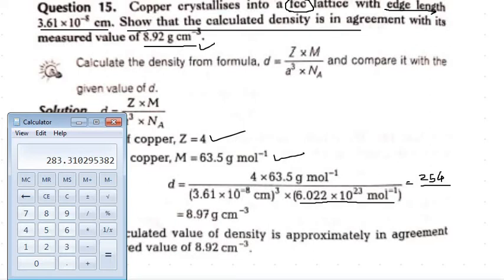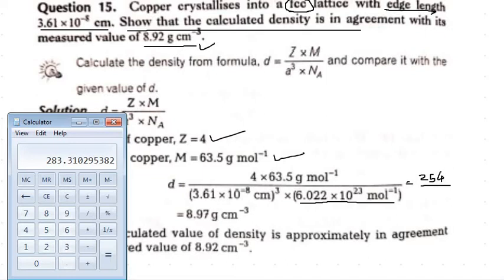Now let us go for the 10 to the power quantity: 10 to the power minus 8 whole cube becomes minus 8 into 3, that is minus 24, and on the other side you have 10 to the power 23. So 10 to the power minus 24 into 10 to the power 23 becomes 10 to the power minus 1. So your denominator will become 283.31 into 10 to the power minus 1.